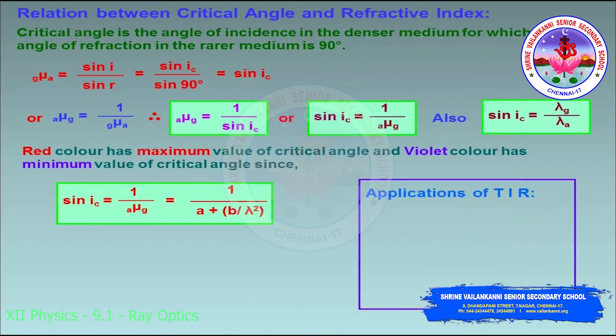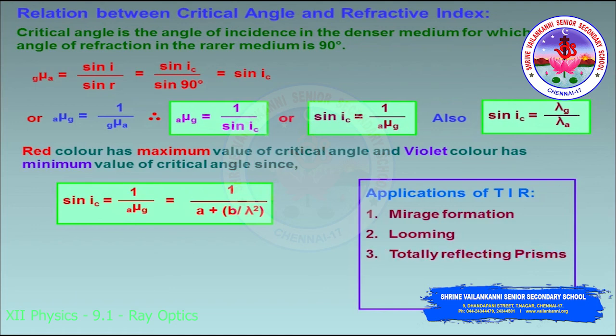What are the applications of TIR? The mirage, looming, totally reflecting prisms, the optical fiber, and the sparkling of diamond.